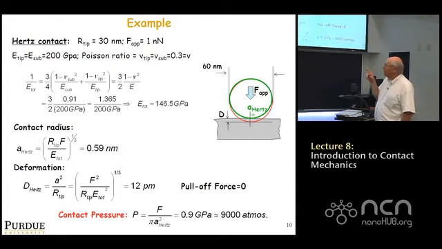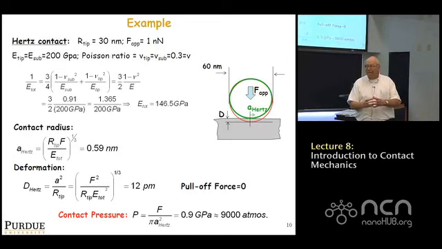Using that number, the radius of the tip, and the force of 1 nanonewton applied, I estimate that the Hertz radius would be something on the order of 0.6 nanometers. So 6 angstroms would be the contact radius between the tip and the substrate, right?